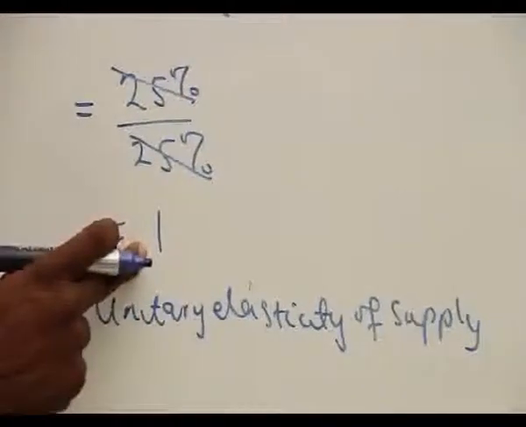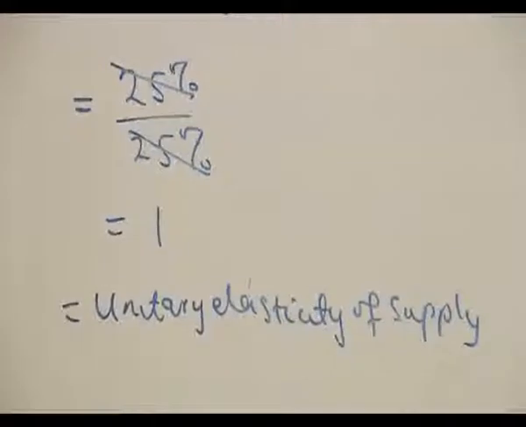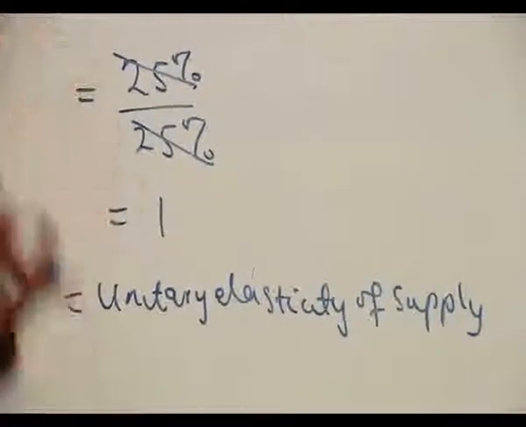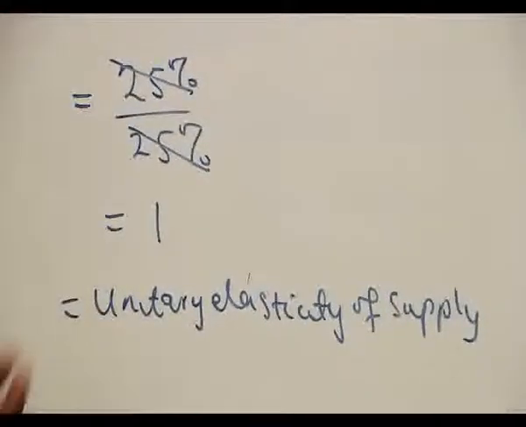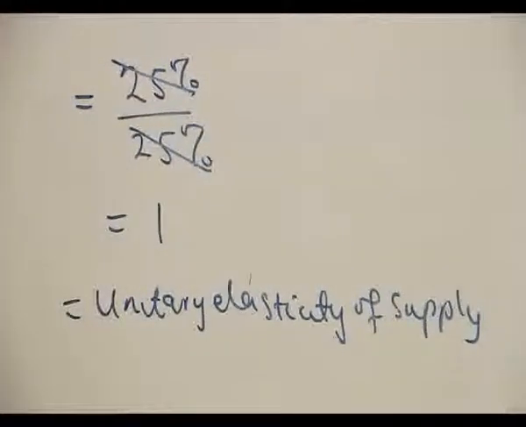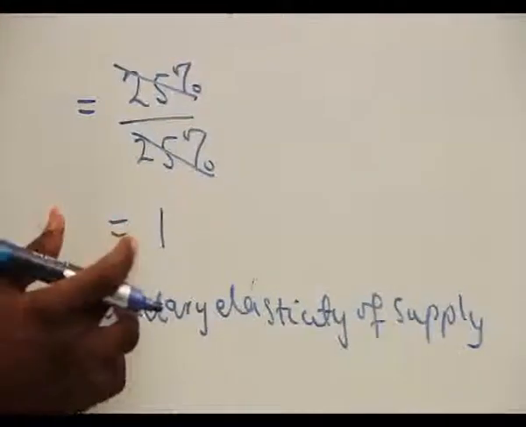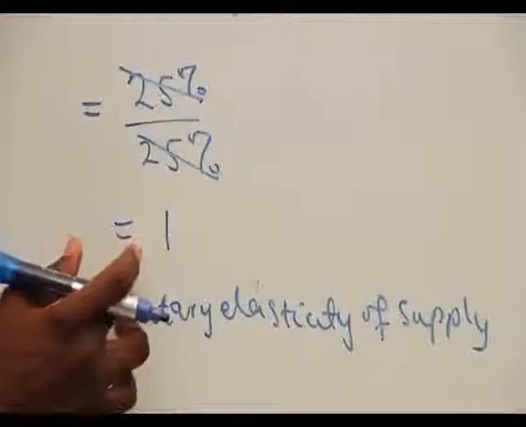Not by approximation, but by whole number. So if it is less than 1, there's going to be 0.9. If it is 0.9999, it's still less than 1. But 1.999 is not 1, it's greater than 1.